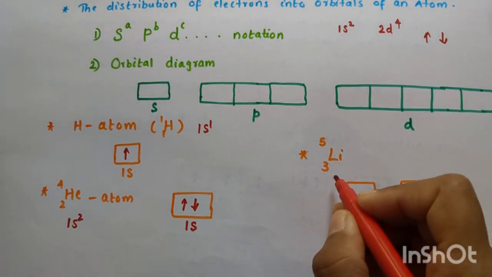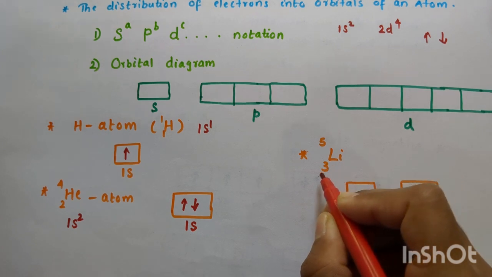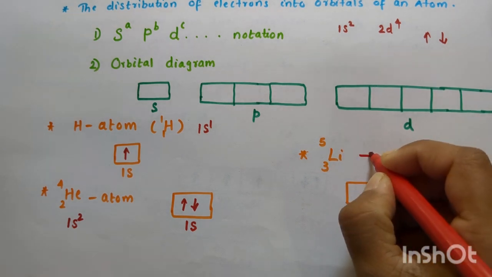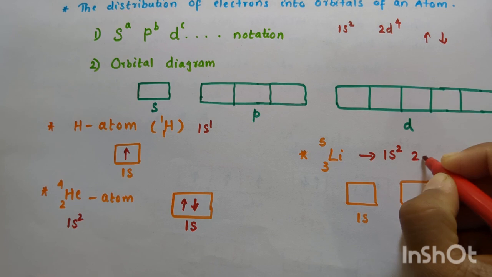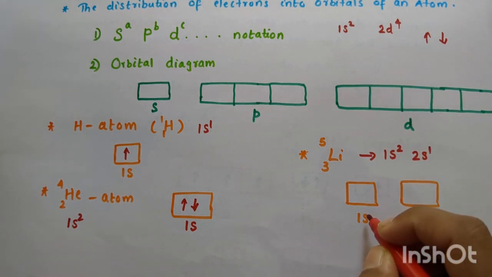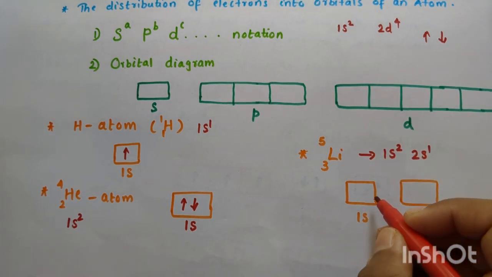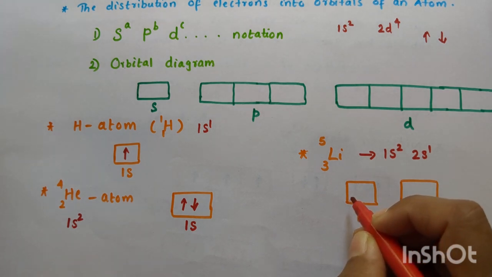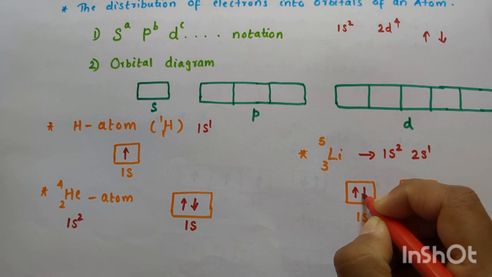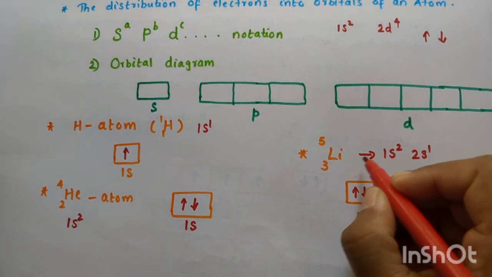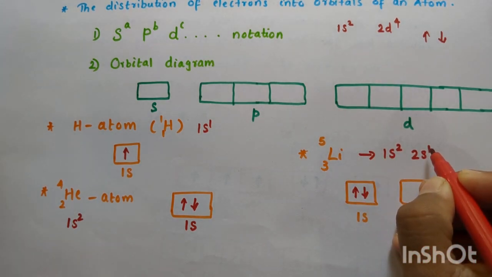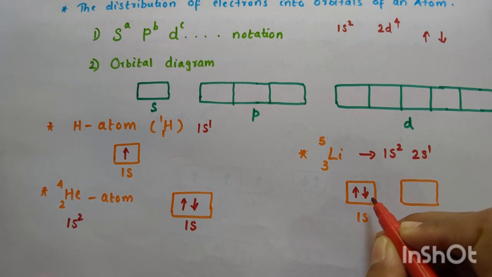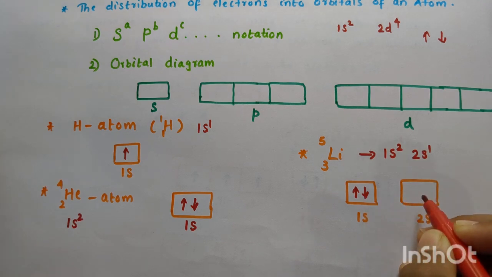Now if you consider the case of lithium, its atomic number is 3, so its electronic configuration will be 1s2 2s1. There are 2 electrons in the 1s subshell, and they differ from each other with opposite spin, so one spin up, one spin down.